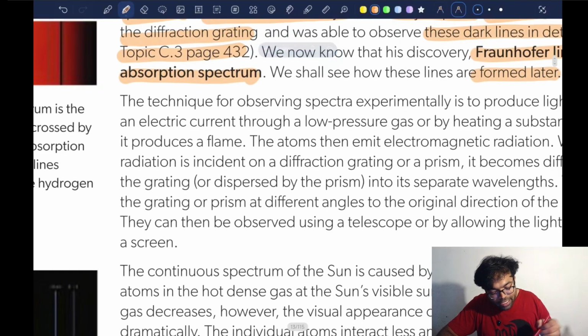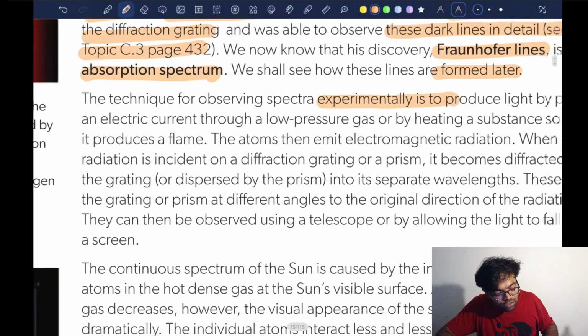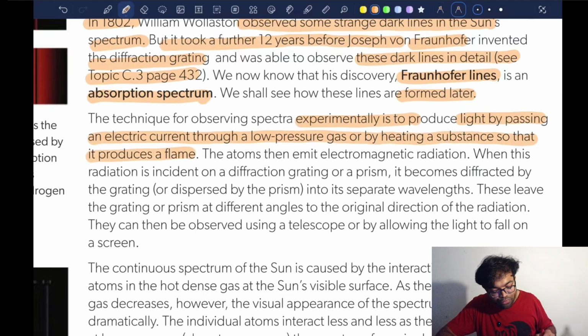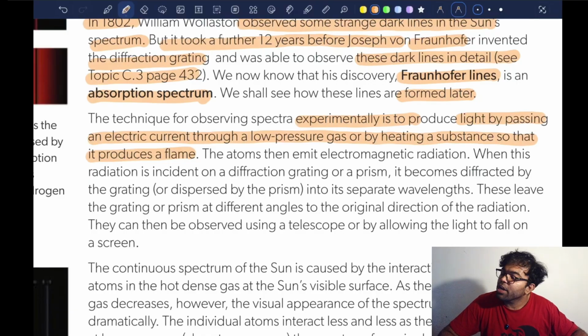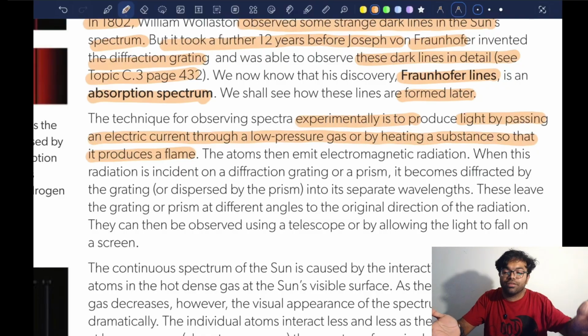The technique for observing spectra experimentally is to produce light by passing an electric current through a low pressure gas, or by heating a substance so that it produces a flame. Do you remember the cathode rays, where you passed electricity through the gas, resulting in the formation of some amount of light that was coming out?